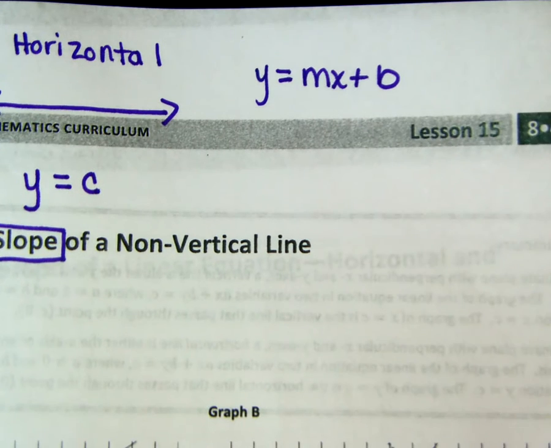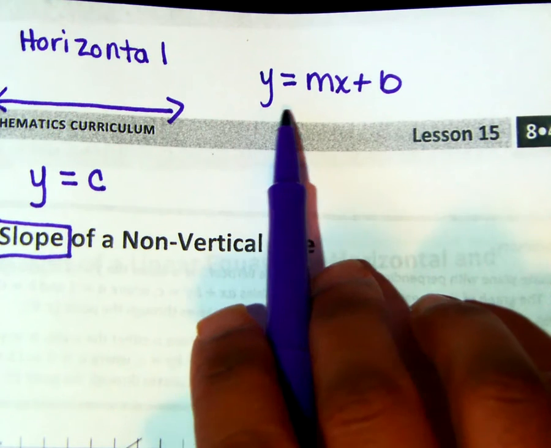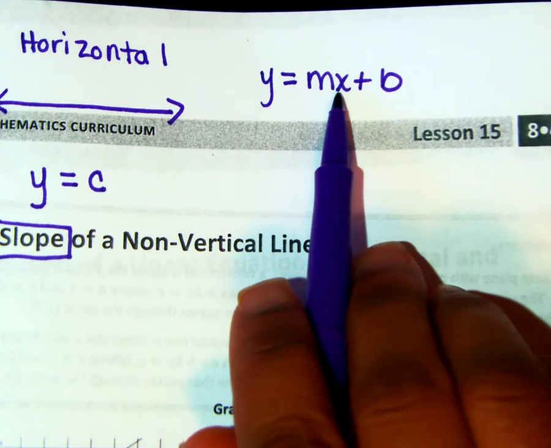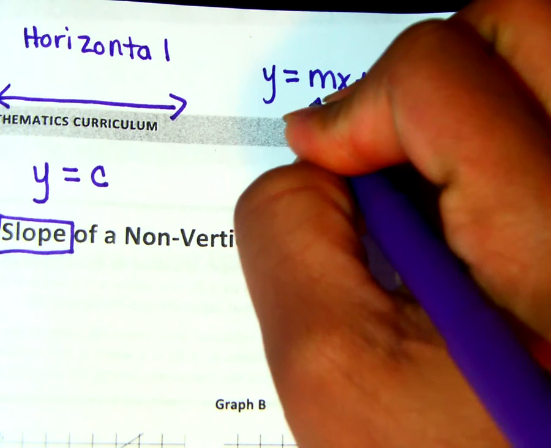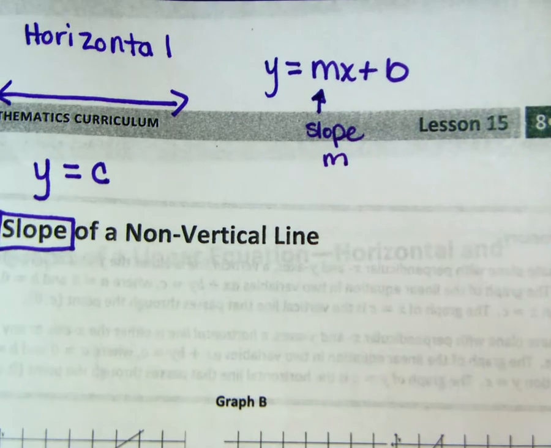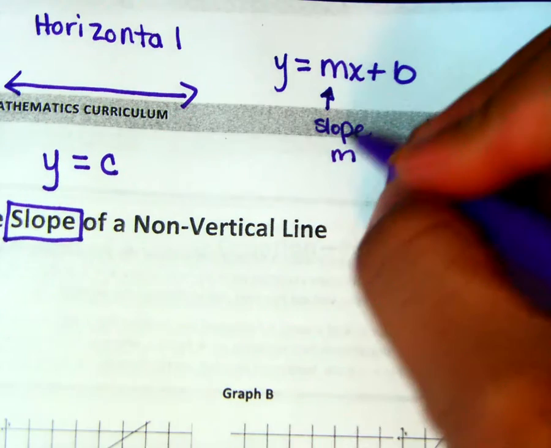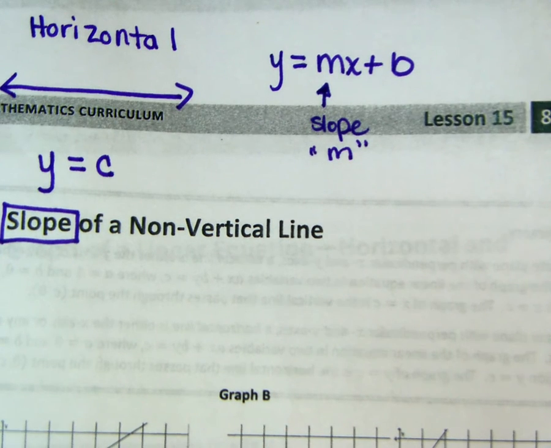When we're starting to discover the lines of the graphs, they are all going to take this form, y equals mx plus b, where m is the variable that represents slope. So throughout this lesson, we're going to refer to m as slope. Then our fourth key point is that there is only one line that can pass through a given point with a given slope.